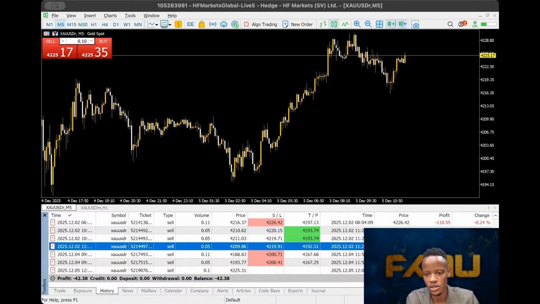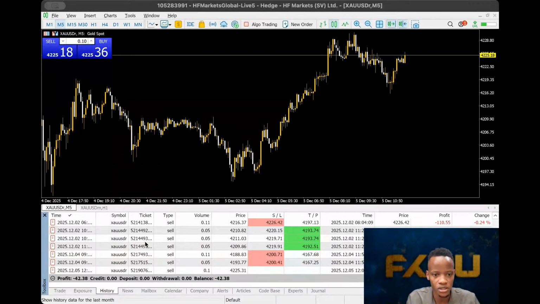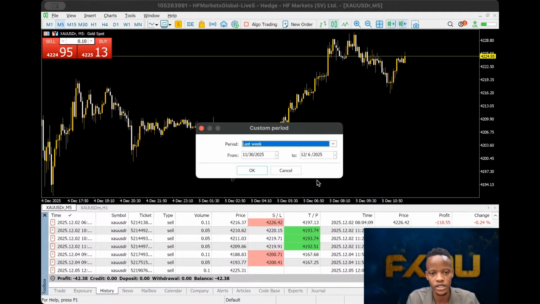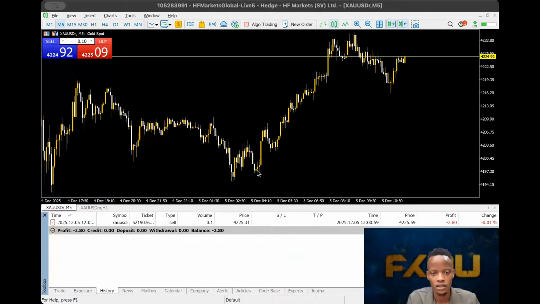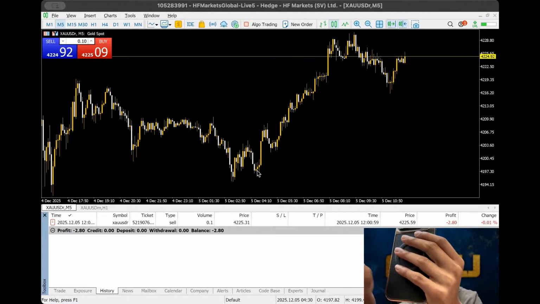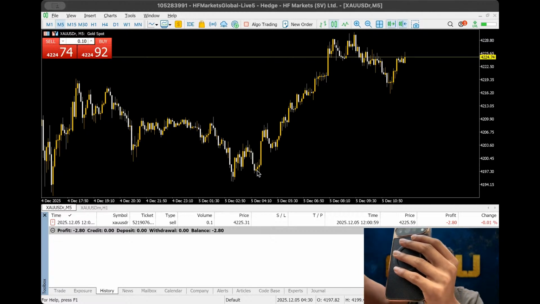So this is the trade I've had just today. Let me show you today, and I'll show you the risk management you guys need to have. You need to have the same risk management I do have. Today, this is the trade. See, we were trying to sell from here.